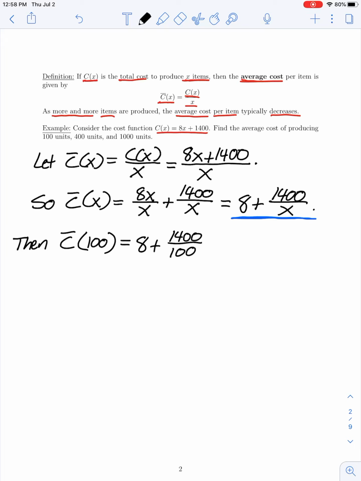So we have 8 plus 1400 divided by 100 is 14. And 8 plus 14 leaves us with 22. All right. So here the average cost of producing 100 units would be $22 per unit or per item.